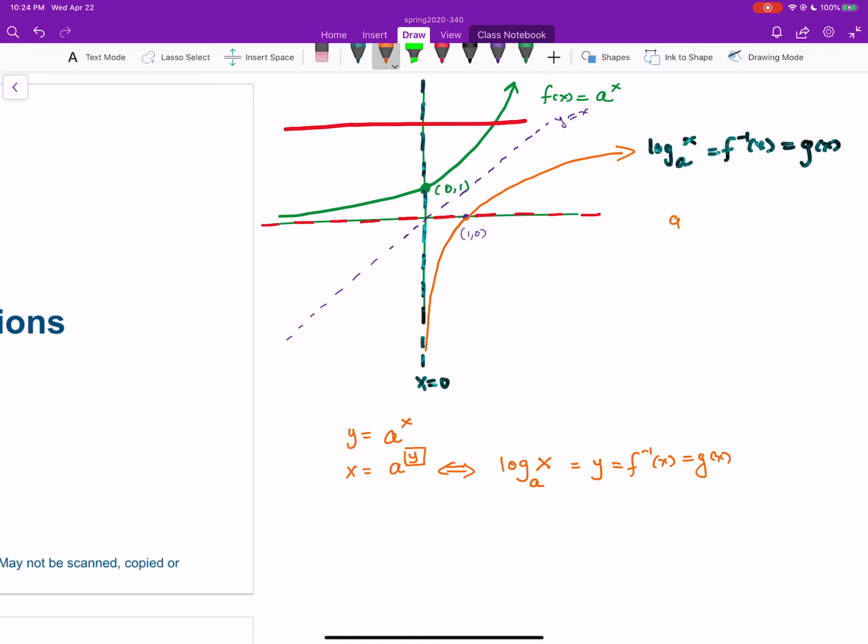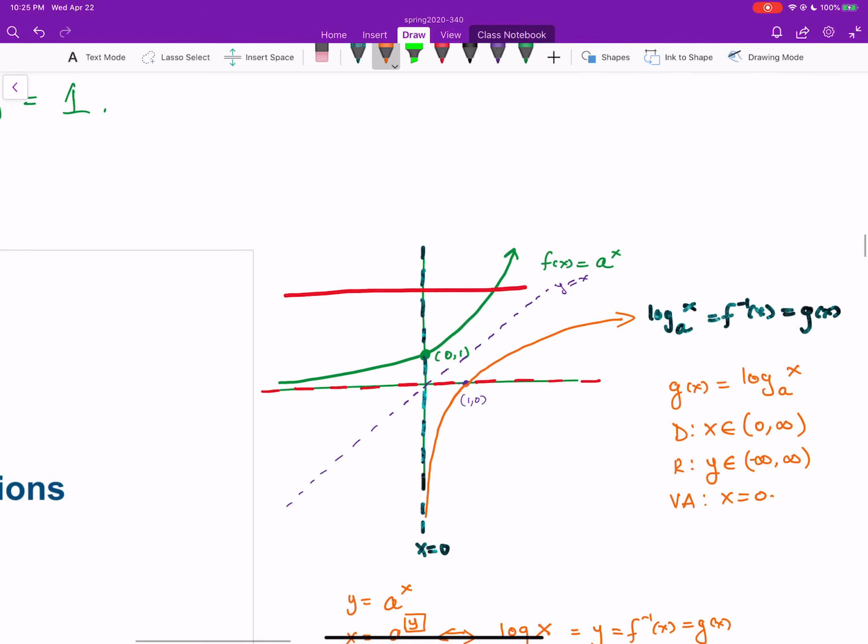All right, well, let's look at some characteristics of this function here. So if you have g of x equal to log base a of x, we know the domain. What is the domain? The domain is all the x values that this function can take, and it looks like it's going to be 0 to infinity. How about the range? The range seems like y belongs to what? All reals, so from negative infinity to positive infinity. And then it's also got a vertical asymptote, which is at x equal to 0.